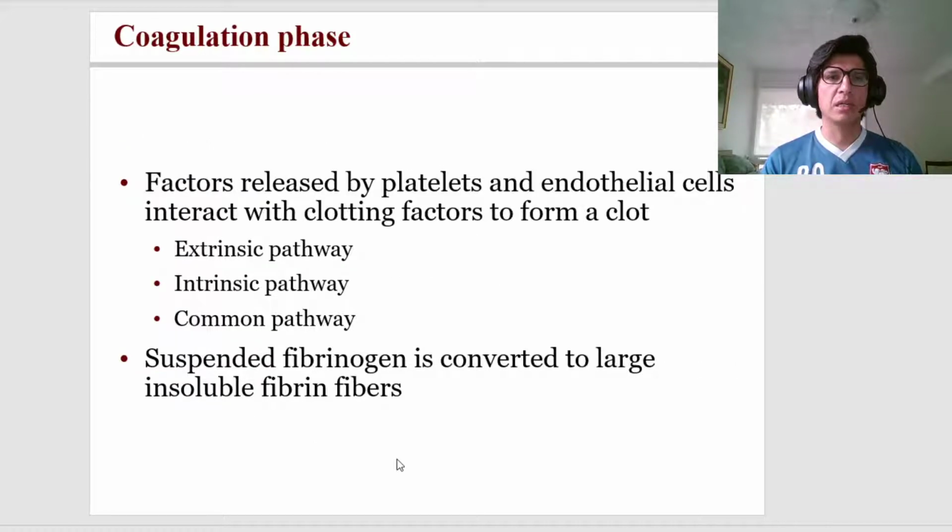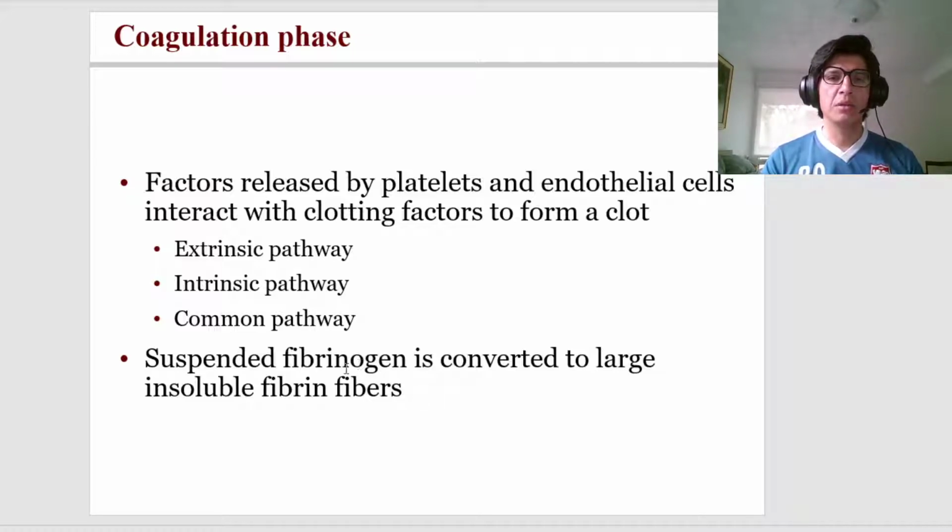Now let's look at the coagulation phase. The end goal of the coagulation phase is turning this fibrinogen, which is readily flowing in the blood, into these fibrin fibers, this network that is able to seal off the rupture.